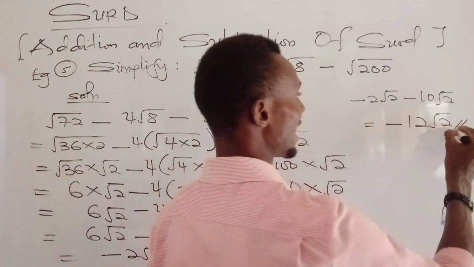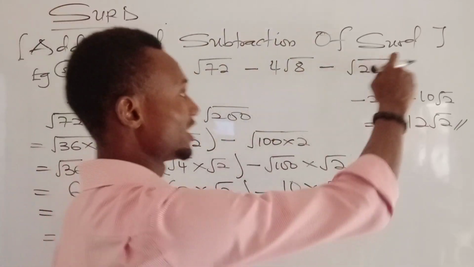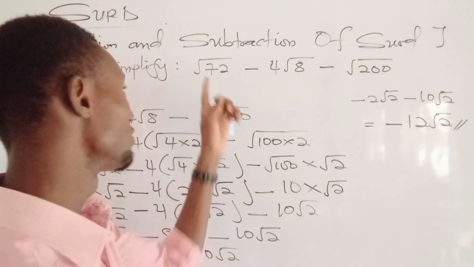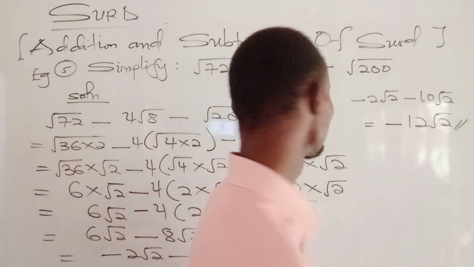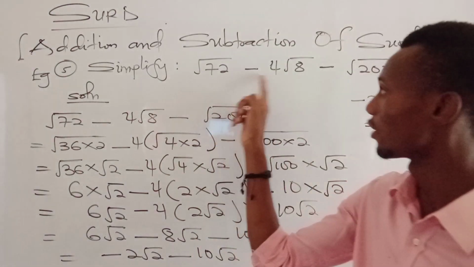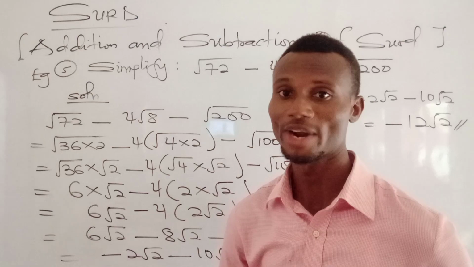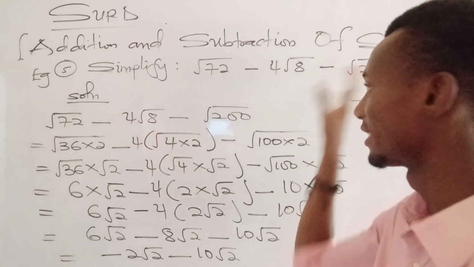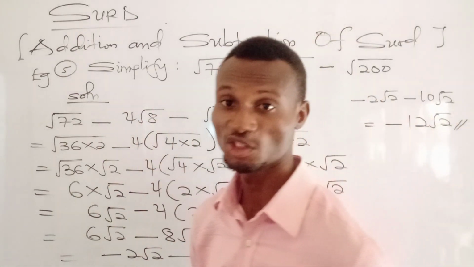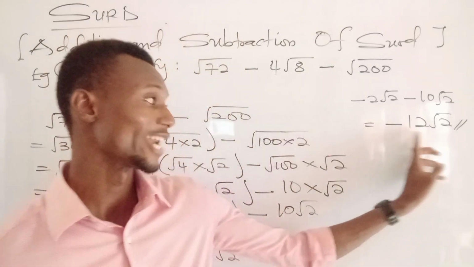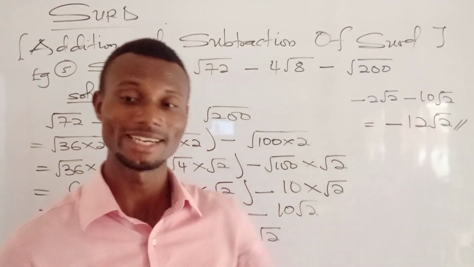And this is the final answer for simplifying this question on the board, which is square root of 72 minus 4 root 8 minus square root of 200. If you type everything on the calculator it will give you a straight answer, which is minus 12 root 2. So you can check that and see.